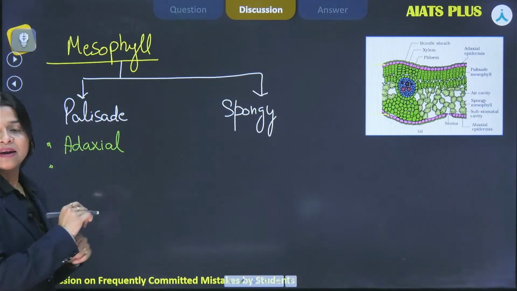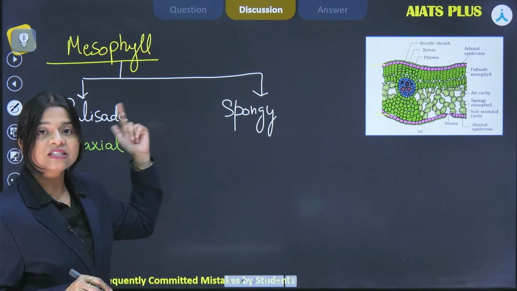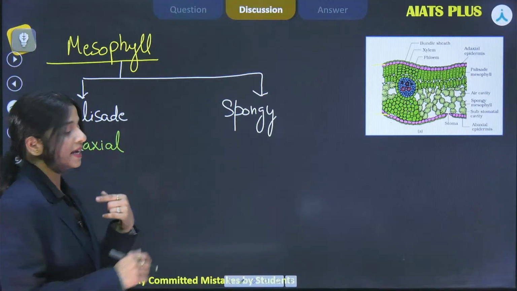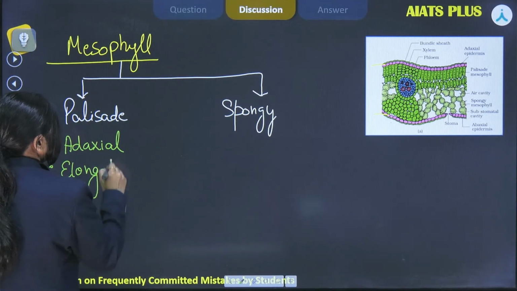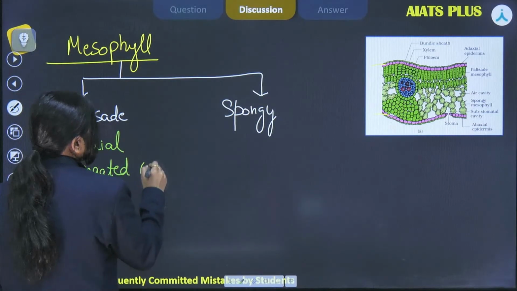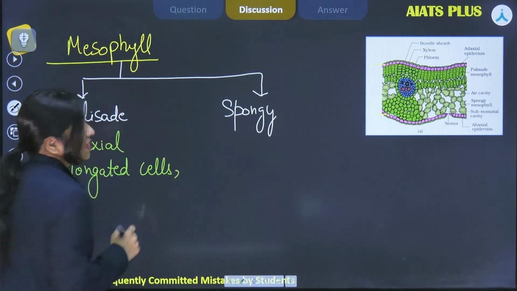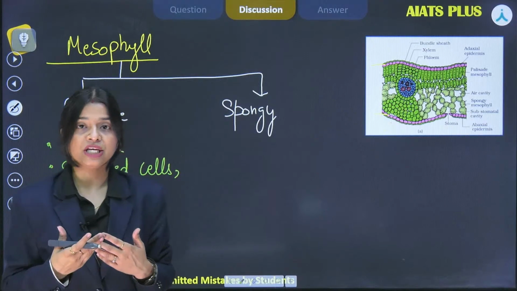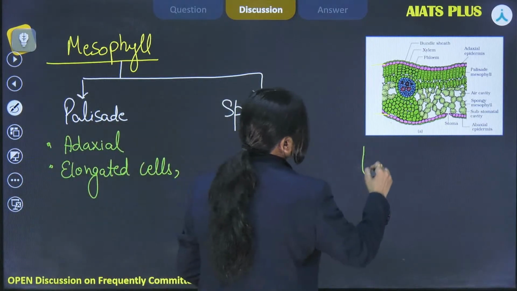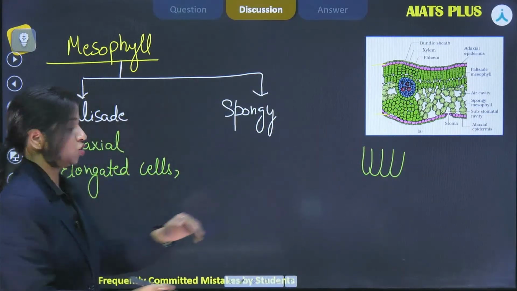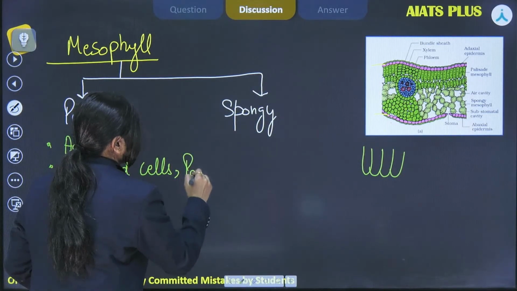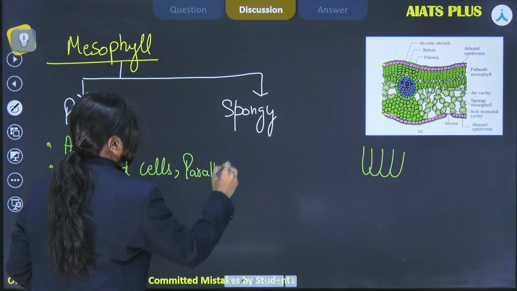So palisade parenchyma is present towards the upper surface, that is the adaxial surface. Secondly, the cells are elongated, right? They are present parallel to each other. You can see they are present like this. They are elongated and parallel.